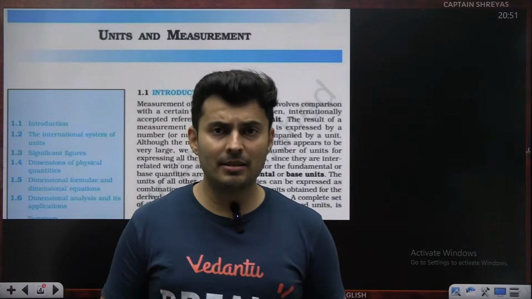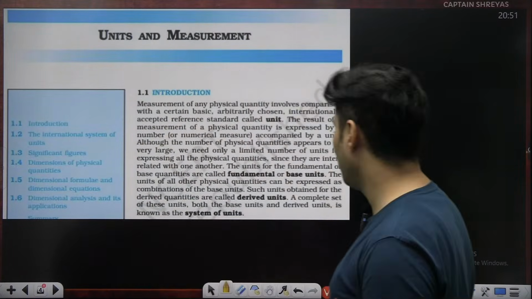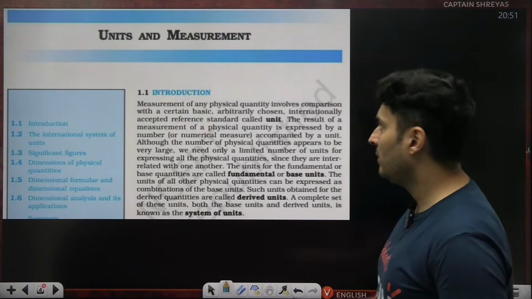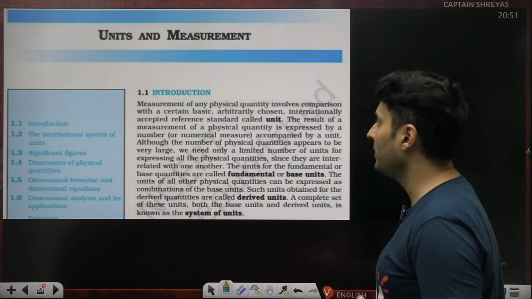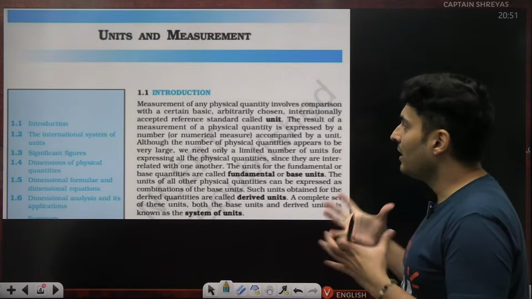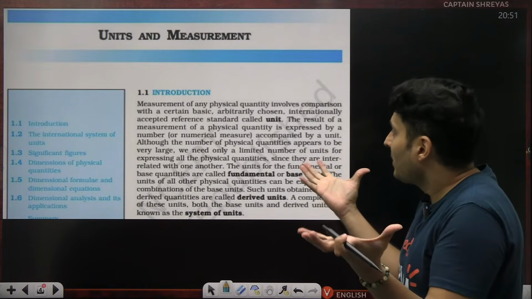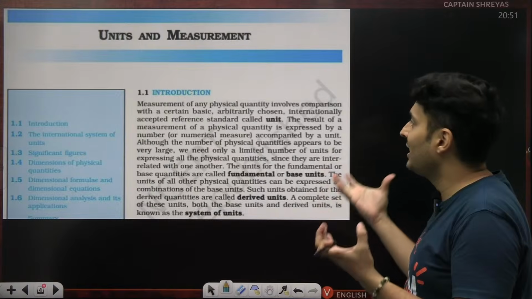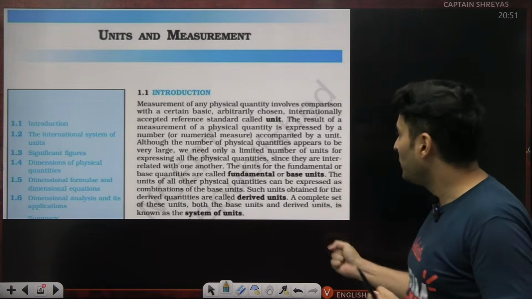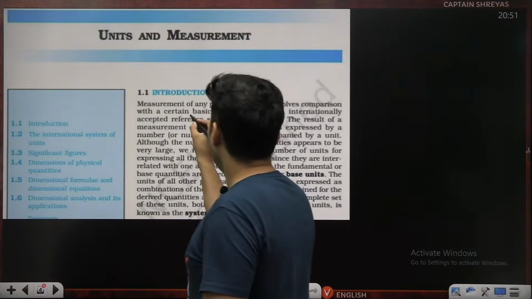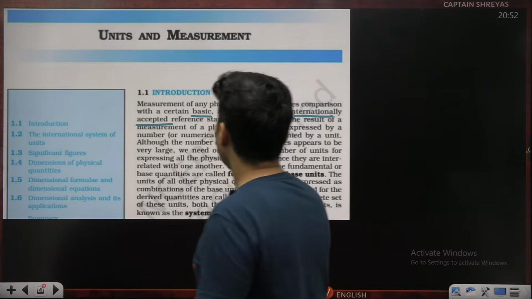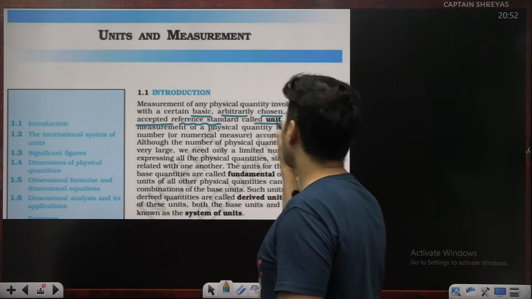Okay. I have taken snippets from NCERT and we'll be seeing all the important pointers one by one. Now, if you see the first paragraph of units and dimensions, chapter 1, it talks about how measurement of any quantity involves comparison with some basic arbitrarily chosen internationally accepted reference standard called a unit.